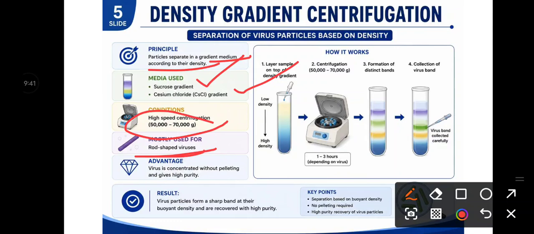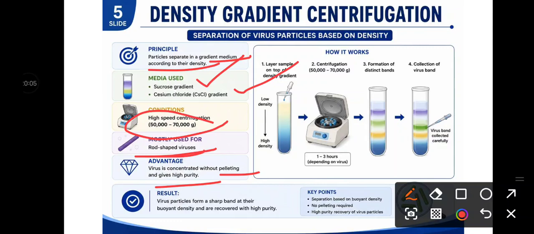Advantages: it concentrates virus without pelleting and gives high purity, because after pelleting it may create some difficulties in resuspending the sample in the buffer. So without pelleting, it concentrates the virus particles and gives high purity.